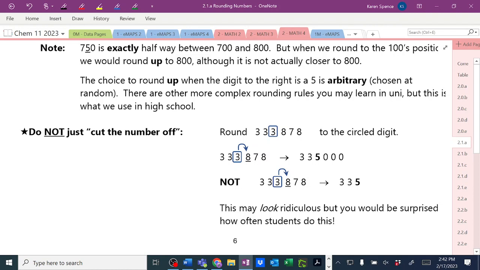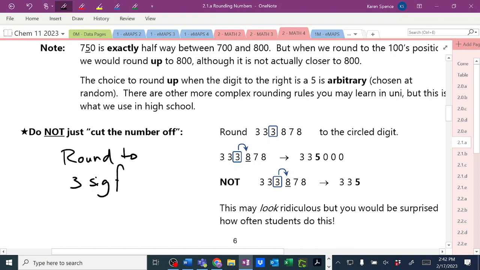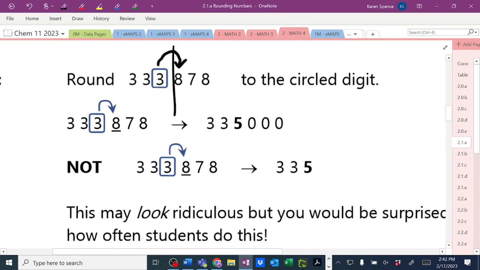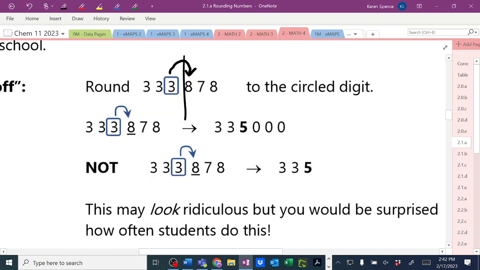This is another example of don't just cut the number off. So if we're, say, rounding to 3 sig figs, sometimes people will say, okay, I'm going to round right here. So I'm going to look to the right, and I have to round up. And I made a typo here. Can anyone see my typo? That should be a 4, not a 5, okay?